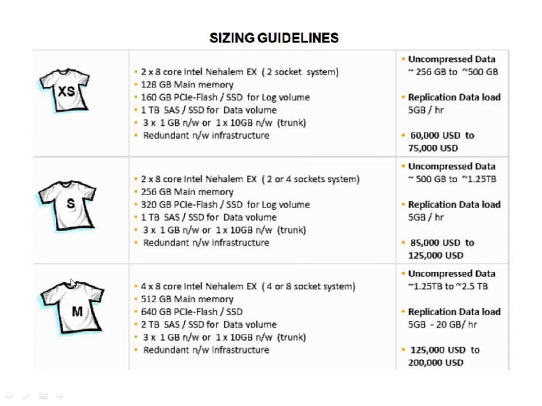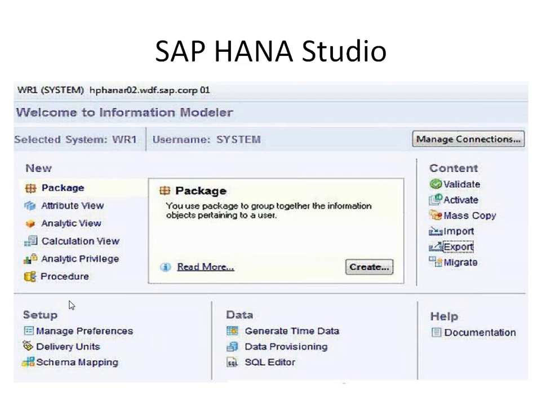Extra small, small and medium are the three major servers that you have. Apart from that, you also have the large and extra large servers that are available as well. All right. The SAP HANA Studio is the interface that we'll be working on. I'll walk you through a little of this today.